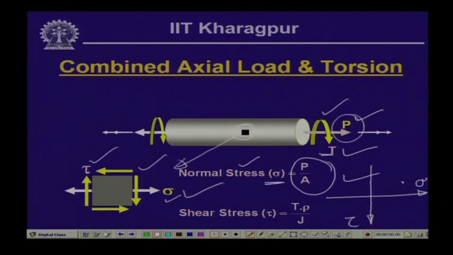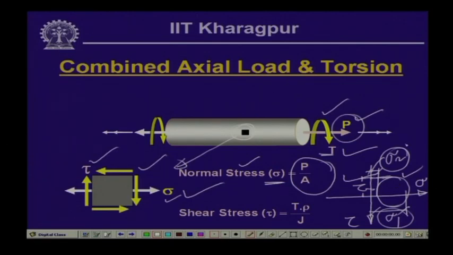Then we can compute the value of the maximum normal stress, which we call sigma 1, and the minimum normal stress, which we call sigma 2. We call these also principal stresses, and the maximum value of the shearing stress, which we call tau max. These stresses we can evaluate when the member is subjected to the combined action of the axial load and the torsion.